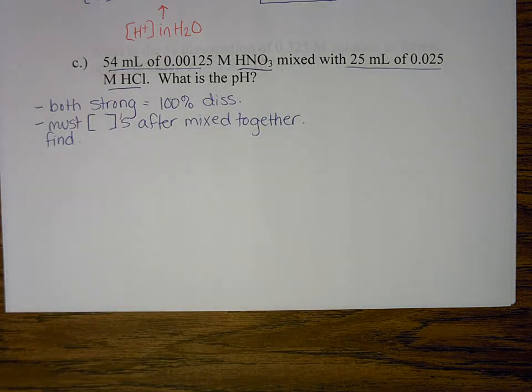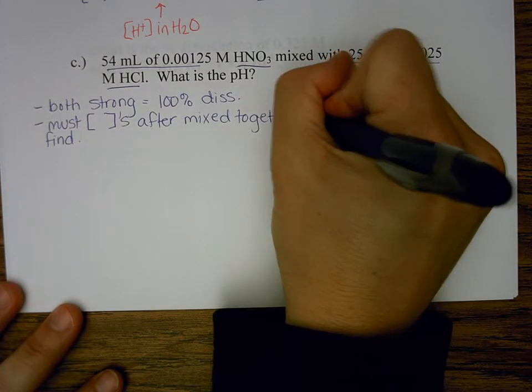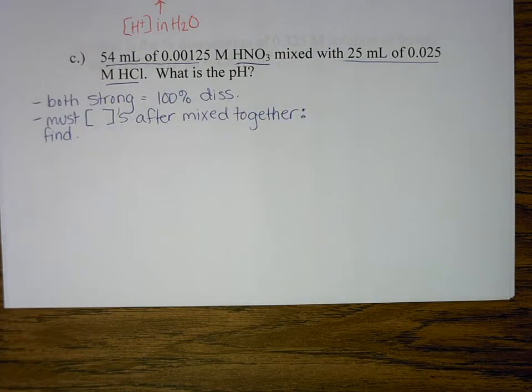What's the concentration of the hydrochloric acid after they're mixed? How do you figure that out? We've done this before. Like I said, a lot of the stuff in this unit is not new. We're just putting it all together in different new ways. How do you figure out final concentrations of solutions if you know their initial M1 and V1? M1V1 equals M2V2.